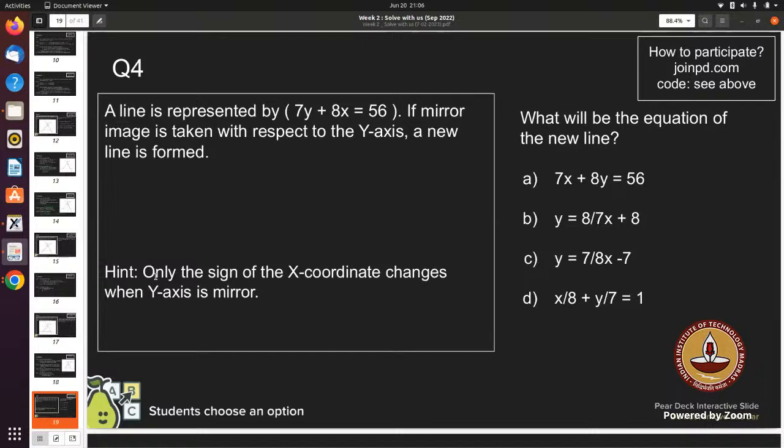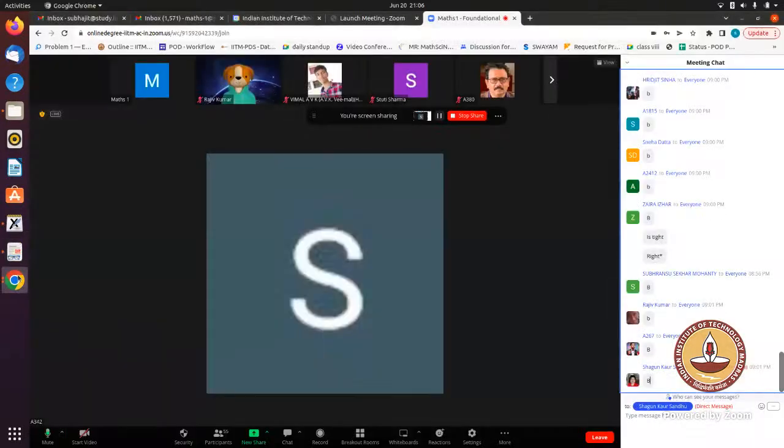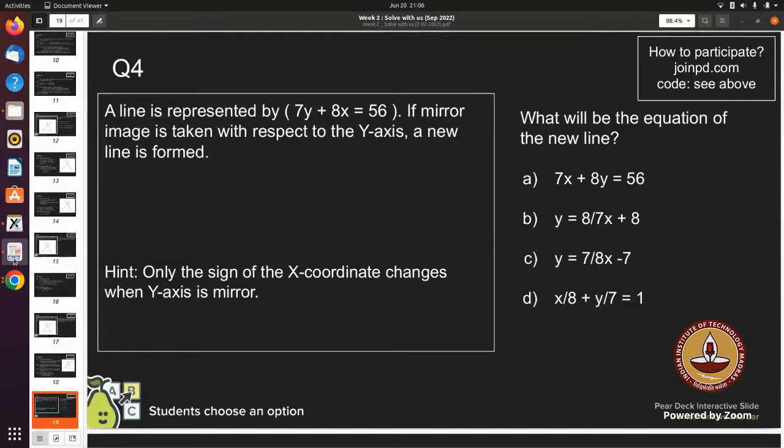Sir, shall I explain? Yeah, go ahead. For this equation 7y plus 8x is equal to 56, we need to find the intercept values. By putting x equal to 0, we get y equal to 8. And by putting y equal to 0, we get x equal to 7. With that intercept value, we can mark that line.